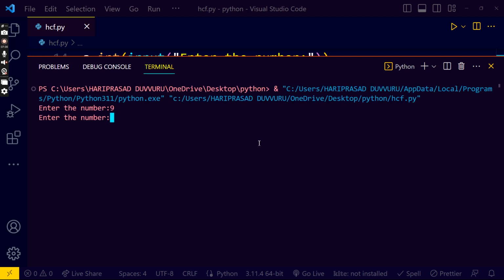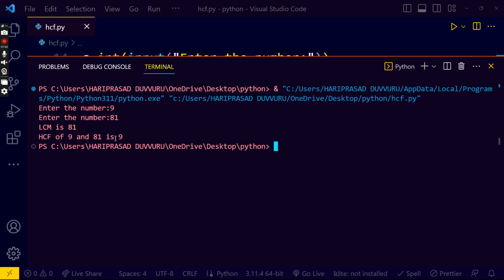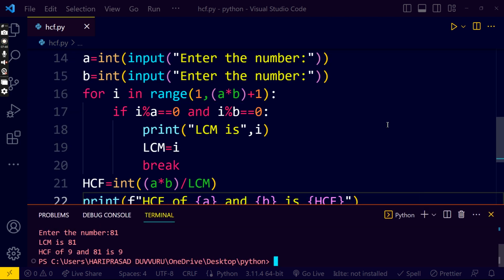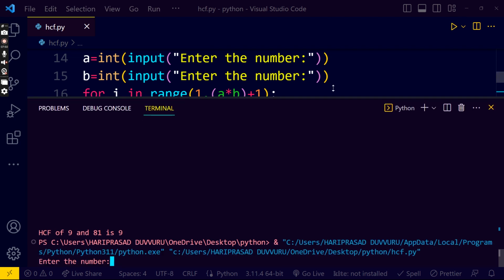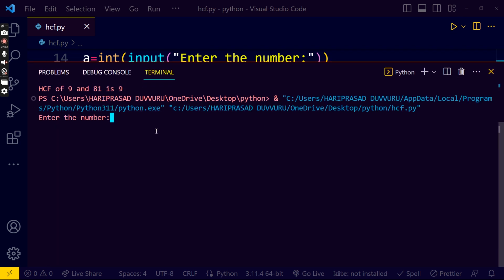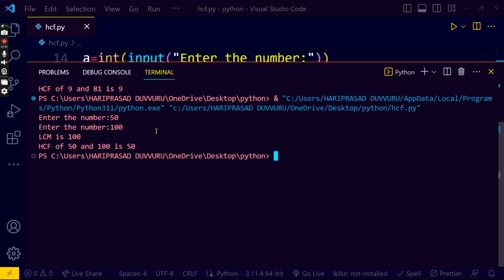LCM is 81. HCF of 9 and 81 is 9, correct. I think you understand it. Please understand the logic, don't learn it as a concept. Let me go for another number, 50 and 100. LCM is 100. HCF of 50 and 100 is 50.